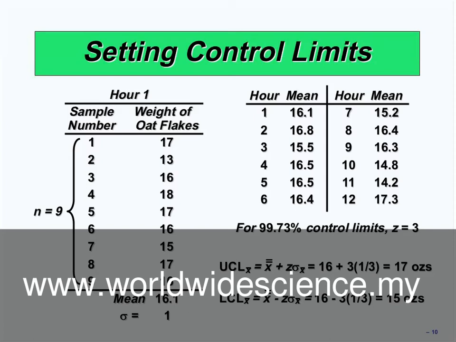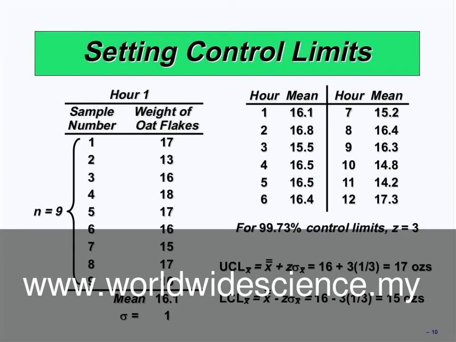Sigma X bar is calculated as the square root of sigma divided by n.